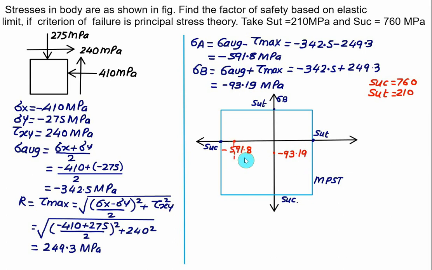Because both are negative, the point will lie in the third quadrant, and if the point lies in the third quadrant, both limits remain the same. So out of sigma A and sigma B, you have to select the maximum principal stress.